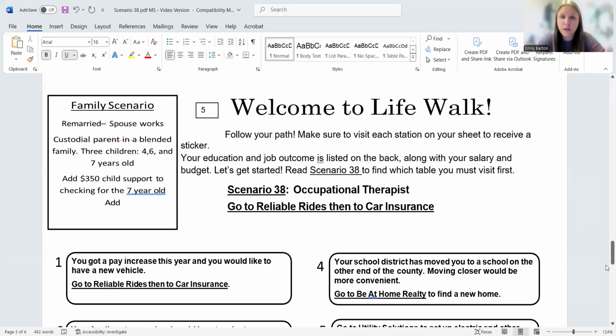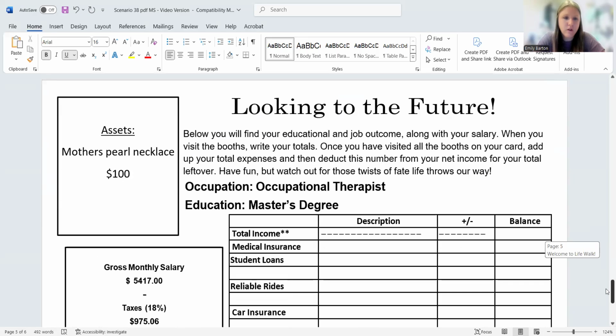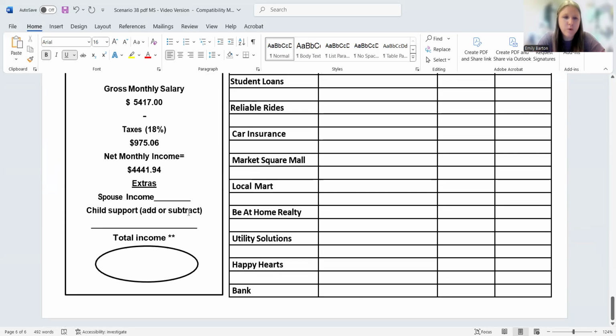So with that knowledge, I am going to go on down and I'm going to put plus 350 on my child support line. Some of you will have subtract and an amount. So you'd want to put your minus and so much because you're paying another parent to have those kids more. So for me, I would go ahead and put plus 350.